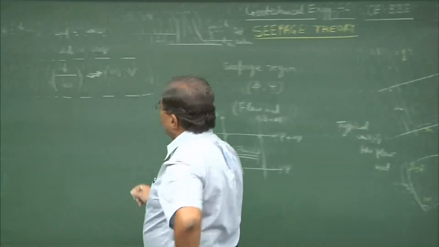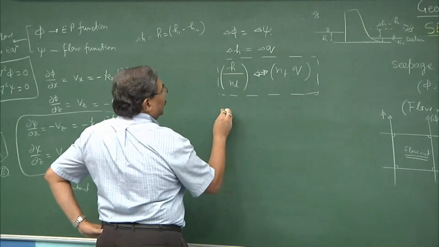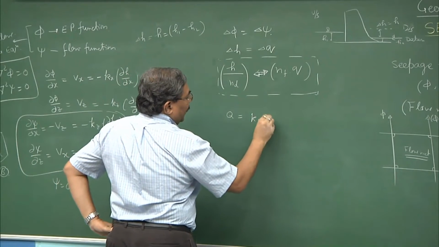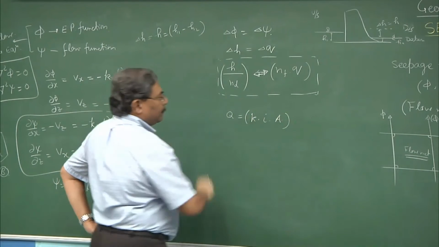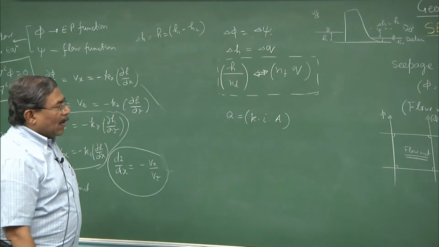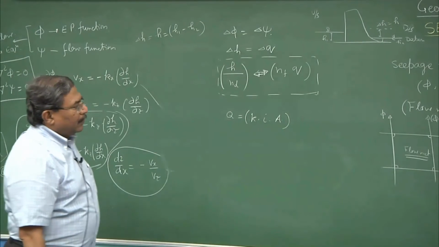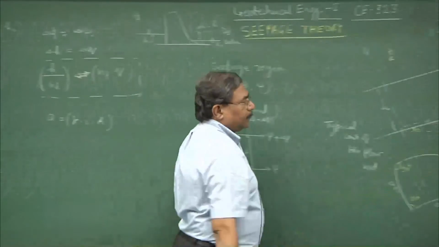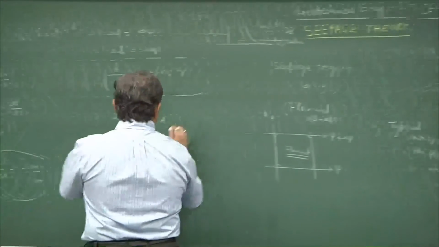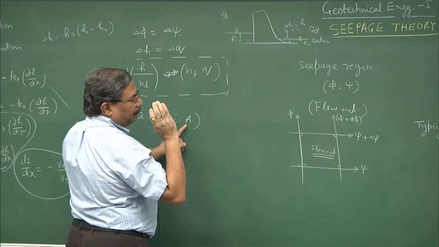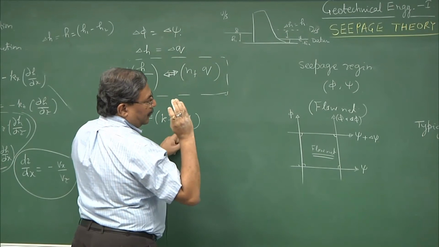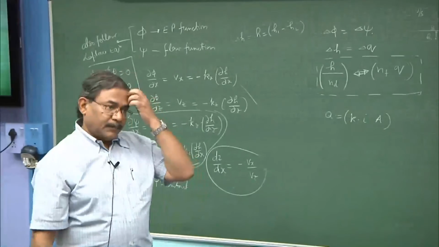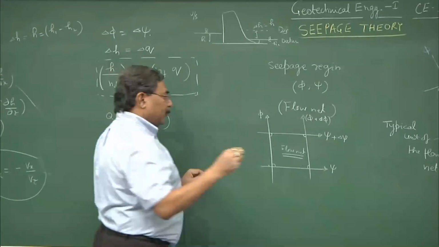So, if I say that the total discharge is equal to K into I into A, normally what we do is we consider this as 1 into 1, which we have already done, and area of cross section is defined always as per unit third dimension of the element, as if the flow is entering into this system.